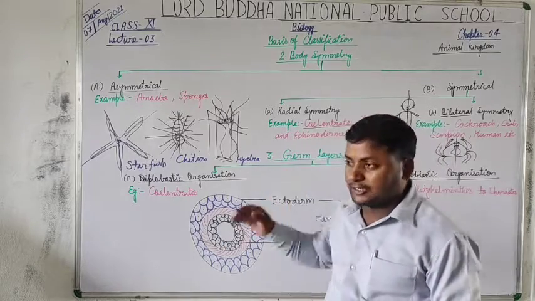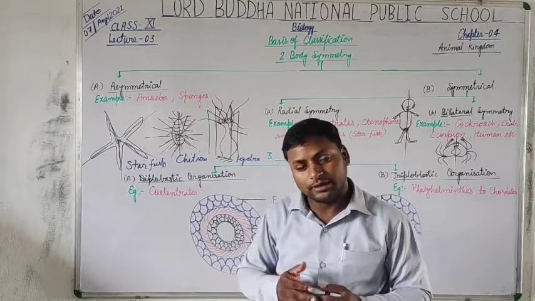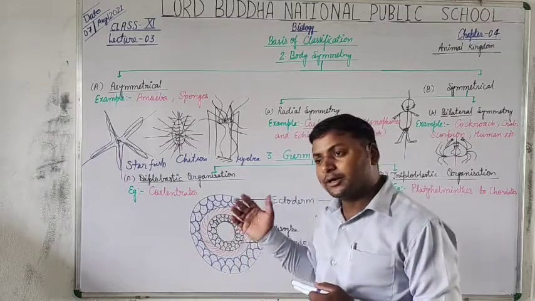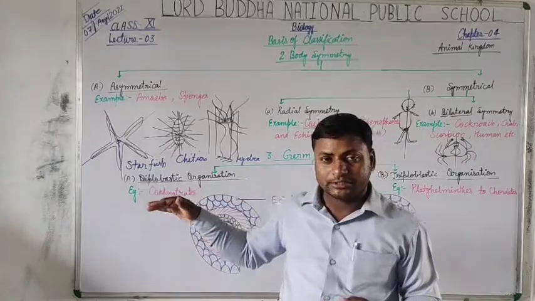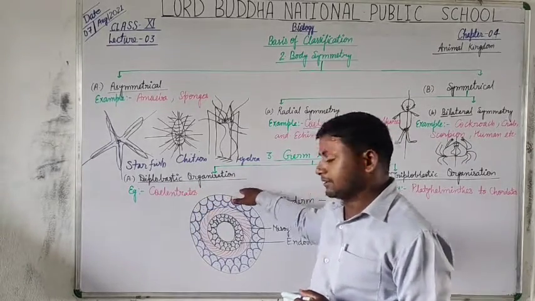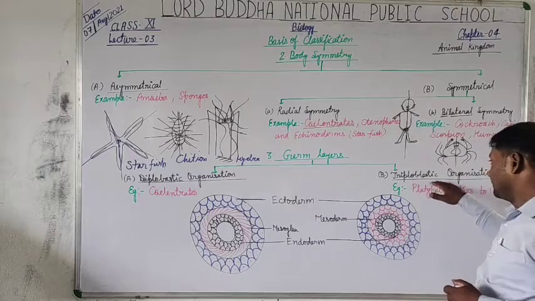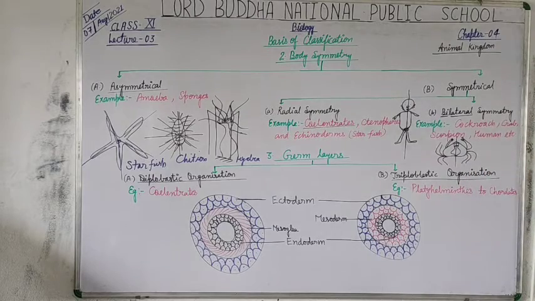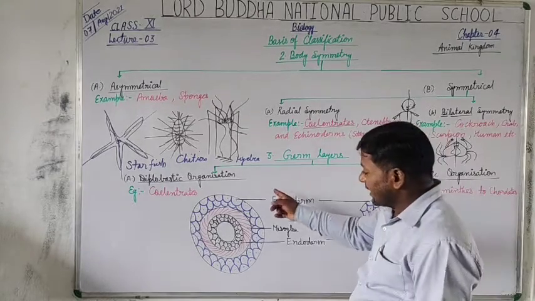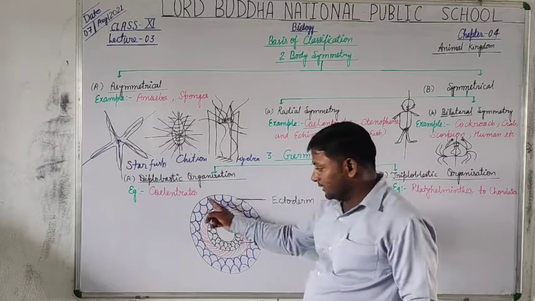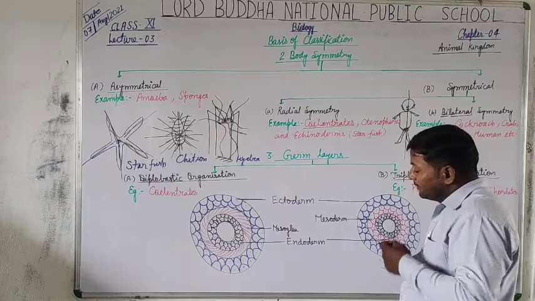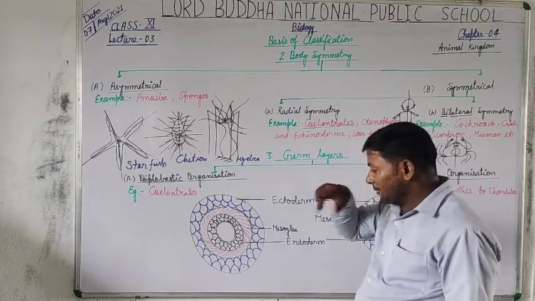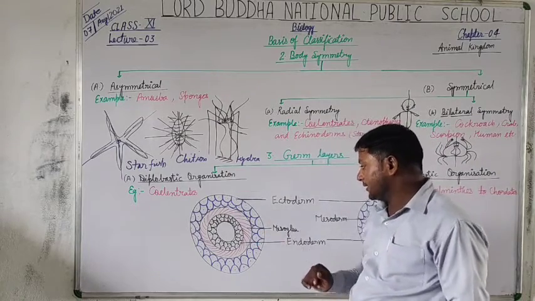This is the basis on which multicellular organisms are divided into two groups. The first one is the diploblastic organization, and the next one is the triploblastic organization. With the help of this diagram, I have represented the different layers of cells or groups of tissues in the germ layers.